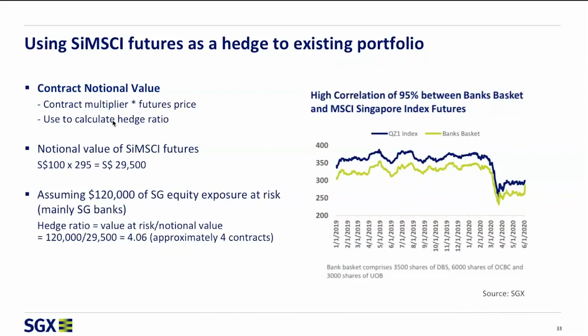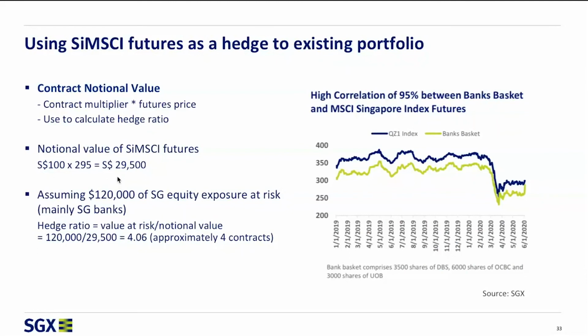For example, assume that at that point in time the SiMSCI futures is trading at 295. The multiplier will be 100, thus the contract value of the SiMSCI futures will be 29,500. That's the notional value for one SiMSCI futures.